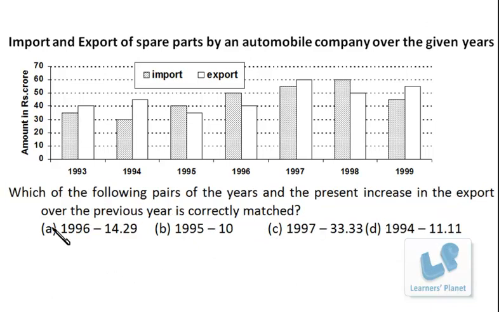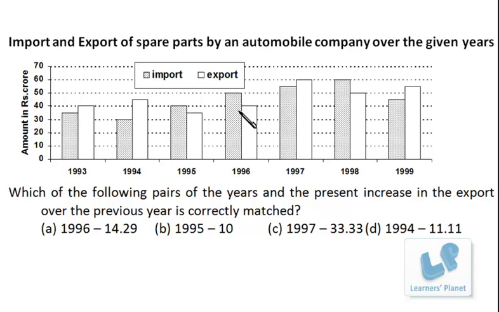Now in this question, which of the following pairs of years and the percent increase in the export over the previous year is correctly matched? So in 1996, the percentage increase is given as 14.29%. So first of all, let us find out the percentage increase in export in 1996. So what is the export value in 1996?